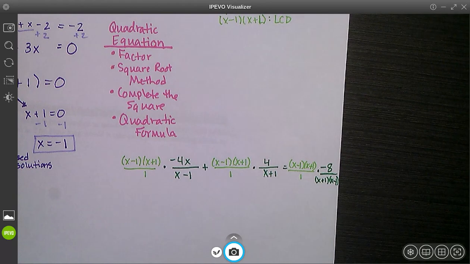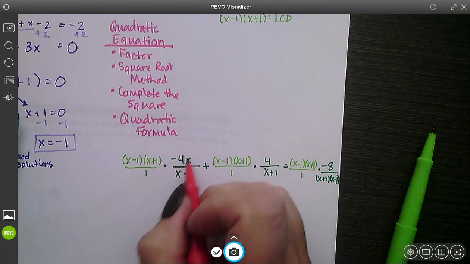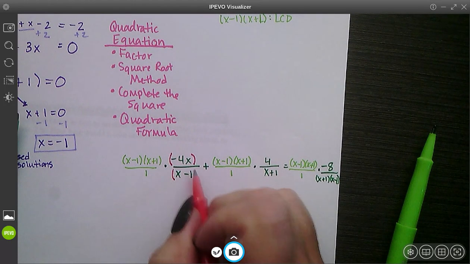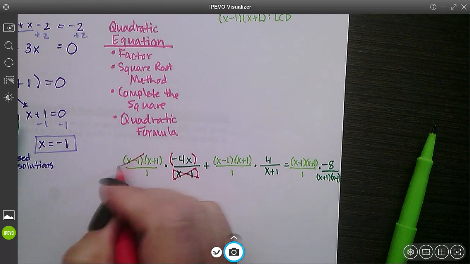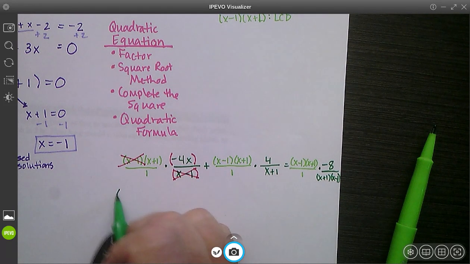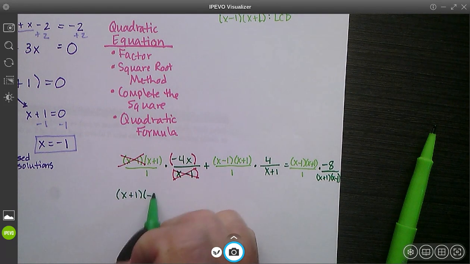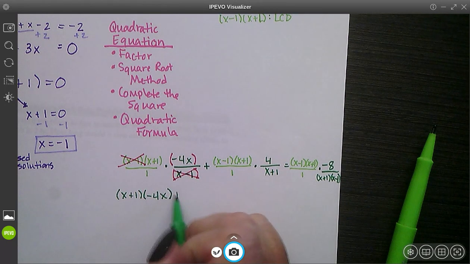And then I'm going to cancel what I can and see what's left. So in my first piece, put that guy in parentheses and that guy in parentheses. I can cancel off x minus 1 with x minus 1. So I'm left with x plus 1 times negative 4x. And then I have a plus sign.